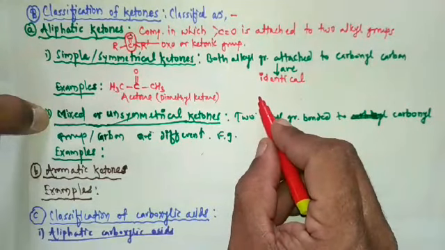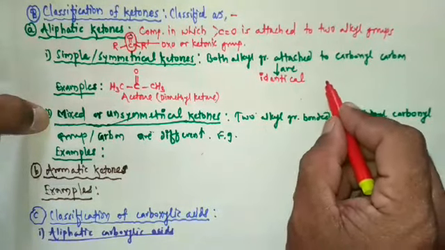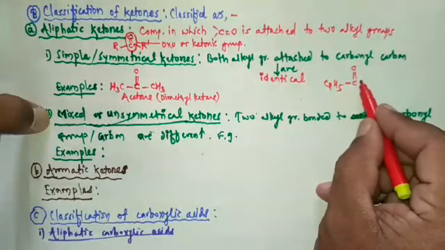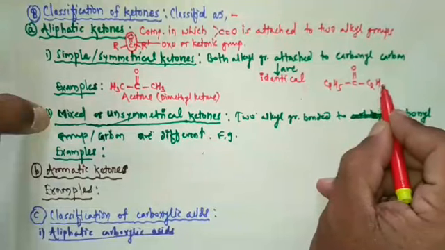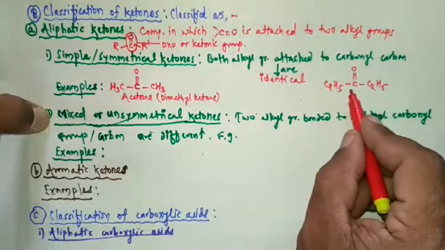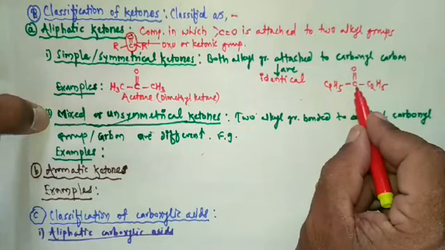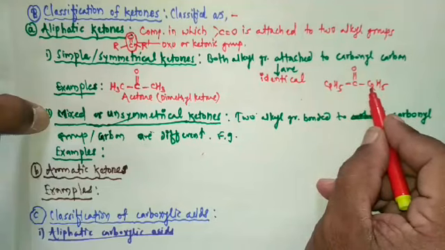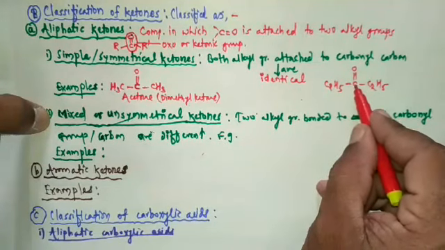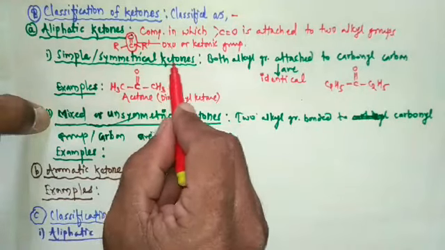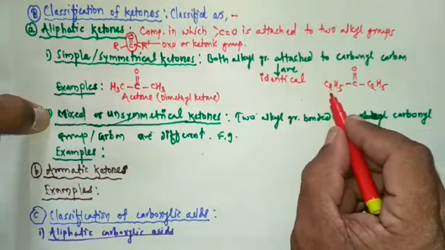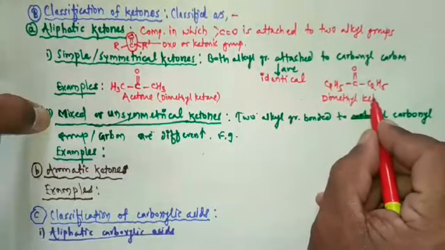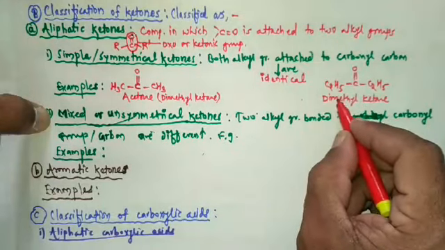Then take one other example. C2H5, C double bond O, C2H5. Again in this example, the carbonyl carbon is attached to two same alkyl groups, that is ethyl groups. That's why it is also an example of a simple or symmetrical ketone.